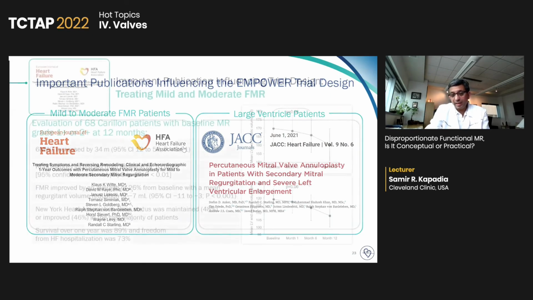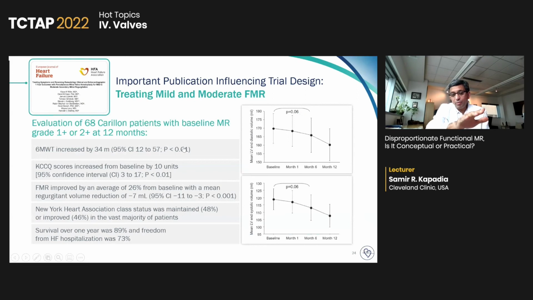If you look at the data, there are 68 patients, a small number, with 1 to 2 plus MR. So these are patients who are not really having a lot of MR. And if you treat these patients, everything gets better. Their 6-minute walk, their LV end-diastolic volume, systolic volume, LA, everything got a little bit better over time.